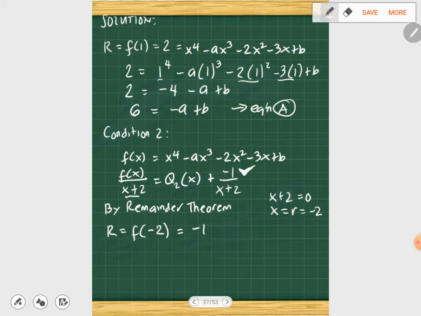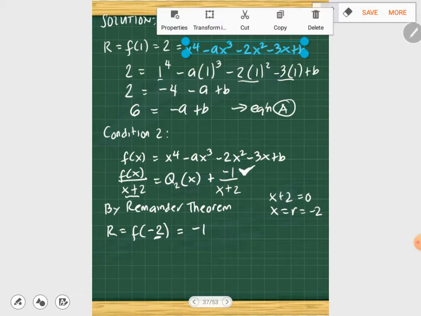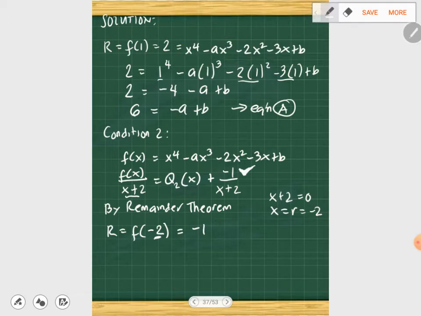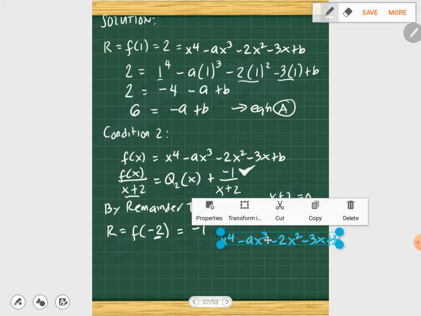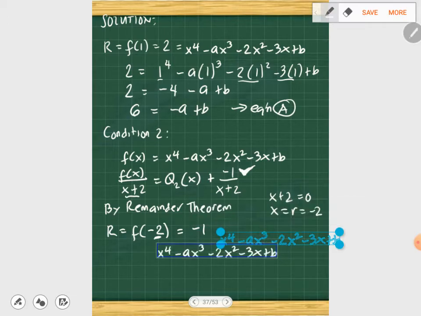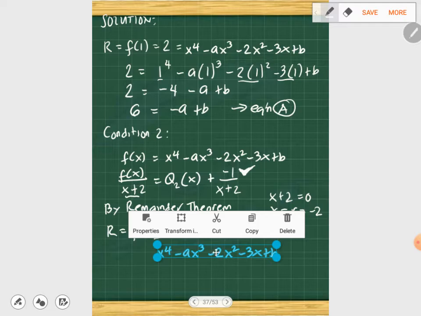So, this is equal to negative 1. So, pag substitute natin yung value ng negative 2 dito sa equation na to, kunin ko na lang yan. Ayan.